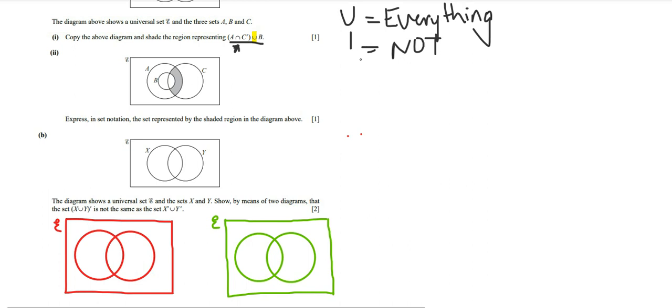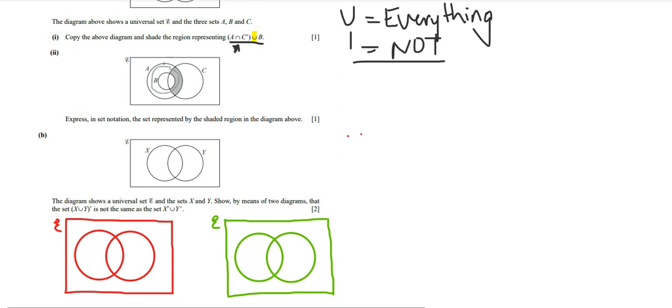Well, we just said initially that a complement represents not. So here we're just saying not B, and its intersection with A. Where does not B intersect A? Well, all over here, this whole region.